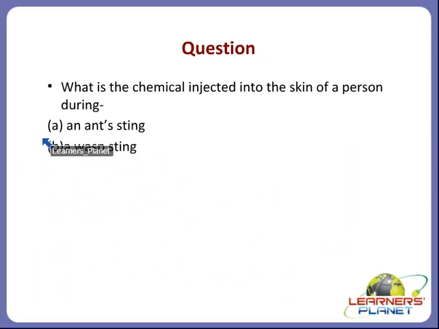The question is, what is the chemical injected into the skin of a person during an ant sting? You must have experienced once that when there is an ant sting, there is a burning sensation. Now, what type of chemical is it injecting, children?